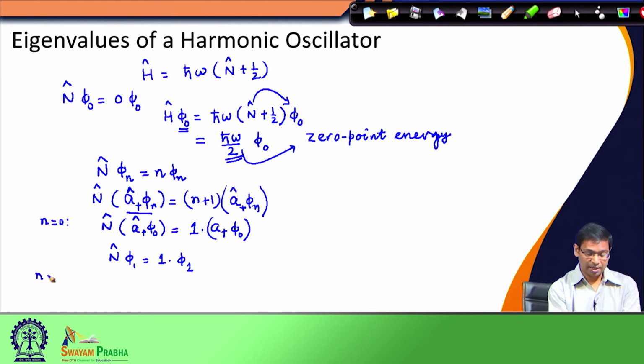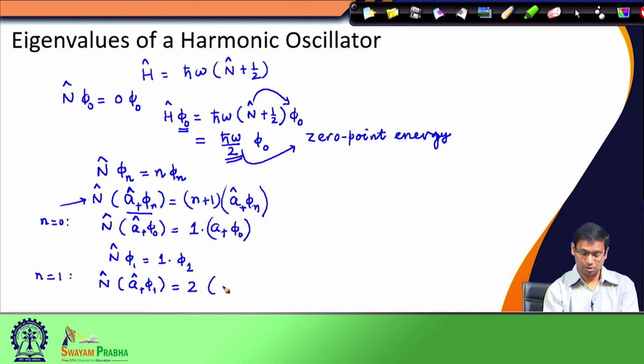Similarly, if I apply n equals 1 in this expression, I get operator N acting on a plus phi 1, where n is 1. So, here I get 2 a plus phi 1, but I also know that this a plus phi 1 is proportional to phi 2.